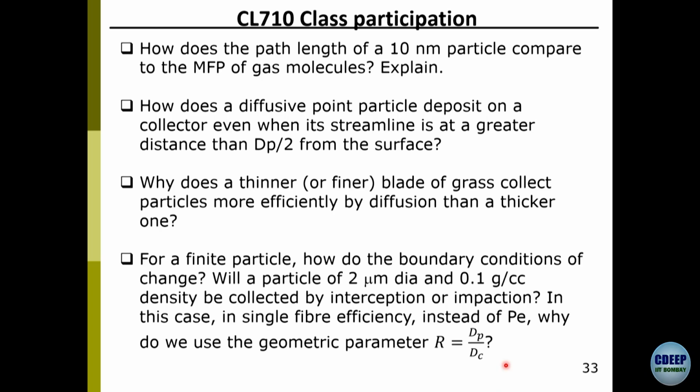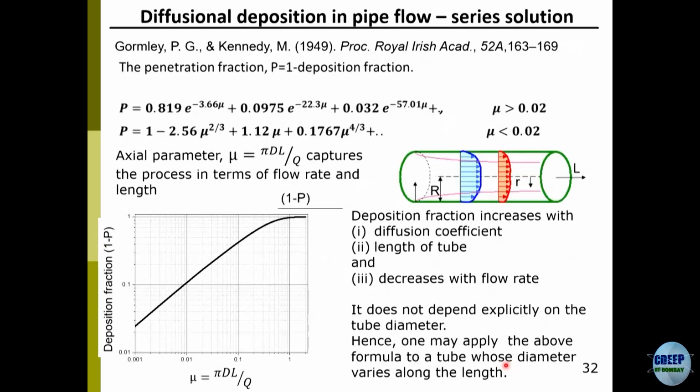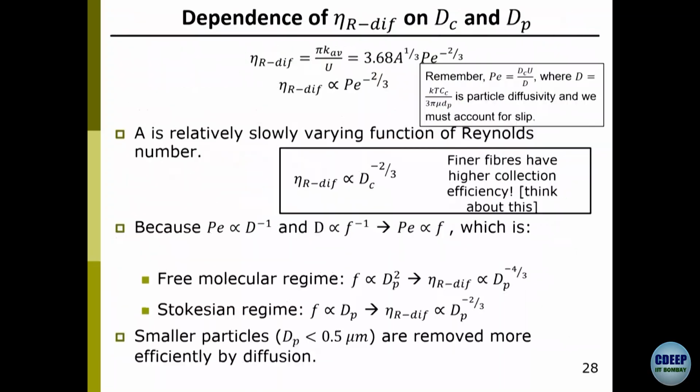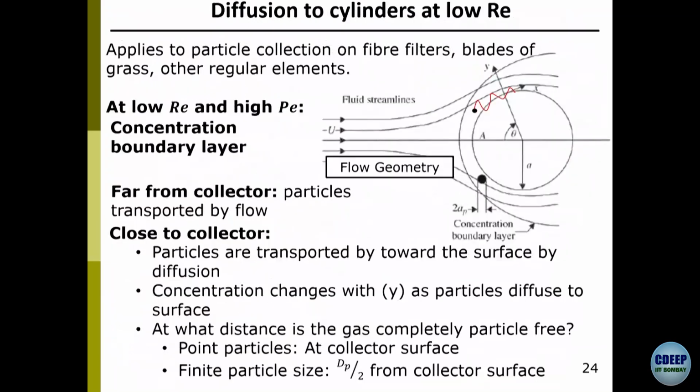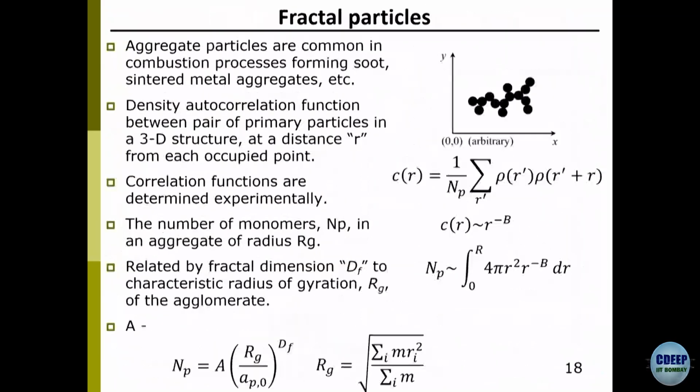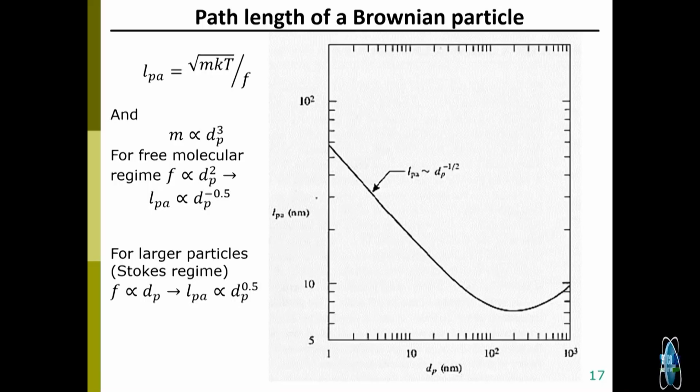Now, a 10 nanometer particle, if you go back and look at that graph, had a fairly high path length, but yet that path length was much smaller than the mean free path of gas molecules, or of the order of maybe half of that, right.